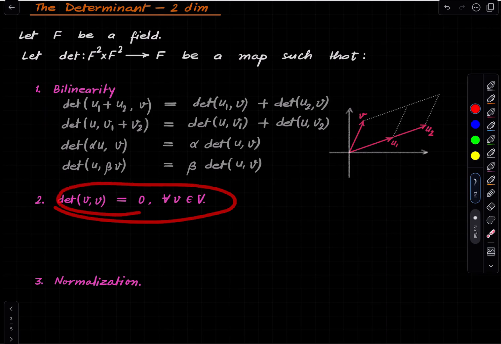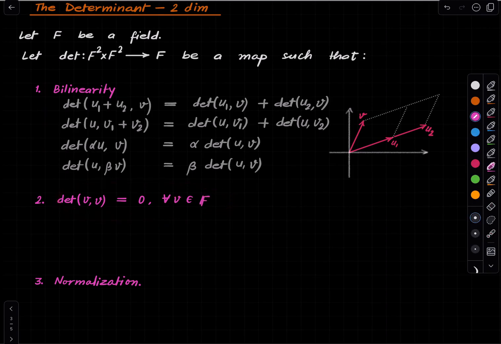Then we have this axiom that for any vector v in F2, the determinant of the pair v, v is 0. And this is also intuitively clear. You have some vector v. What is the area of the parallelepiped spanned by v and v? Well, the parallelepiped spanned by v and v is just this thin line.